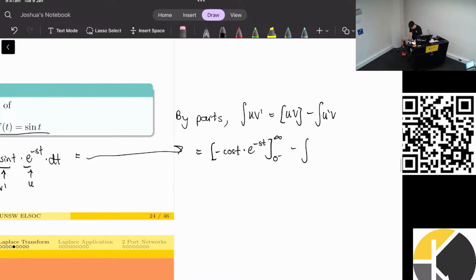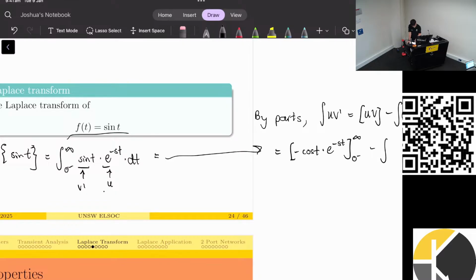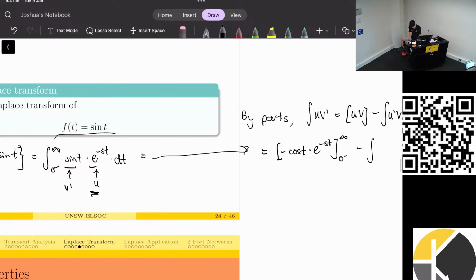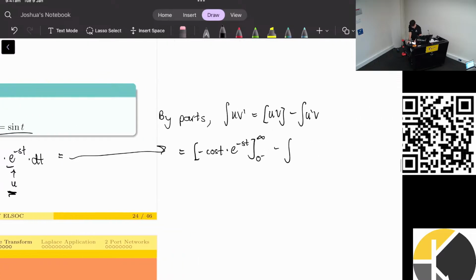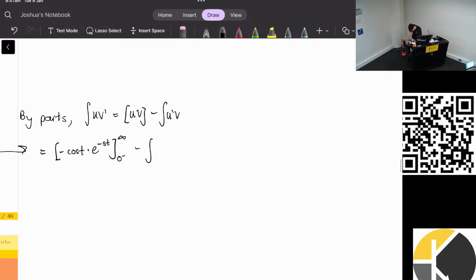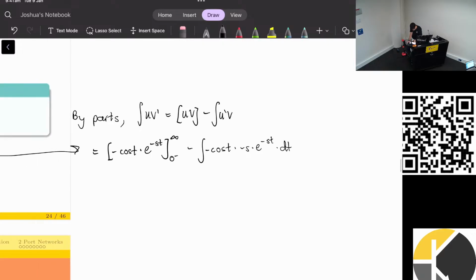Then I have the integral of the derivative of u. If this is u, for the derivative I just have to bring the power down to the front. So this is just going to be minus s e to the minus st. So I have minus cos t times minus s e to the minus st. I'll simplify that a bit.